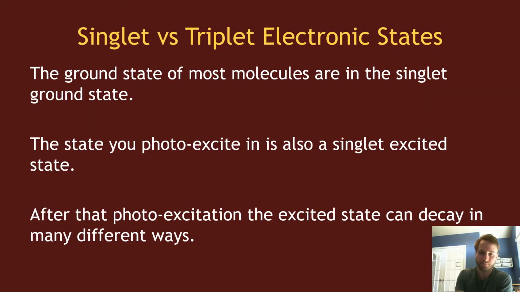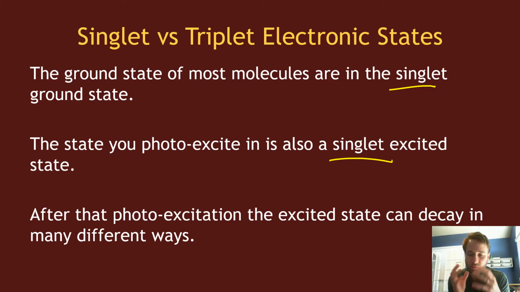And so typically the ground state for most molecules, especially organic-based molecules, is singlet. And so when you photoexcite the molecule, it stays a singlet because it's difficult to flip that spin to go from a singlet to a triplet state. So typically you'll go from a singlet to a singlet in your excited state.